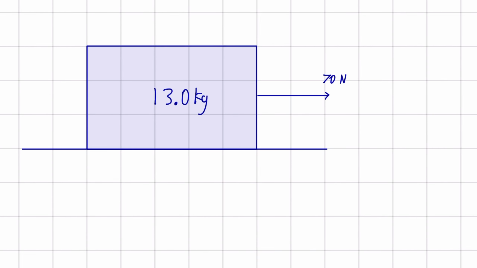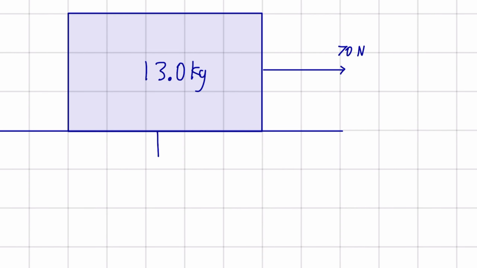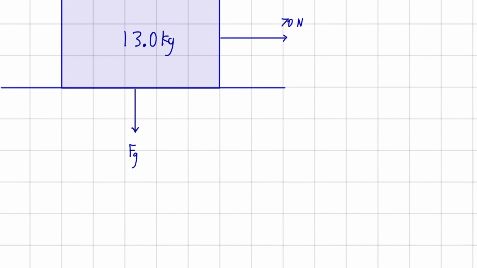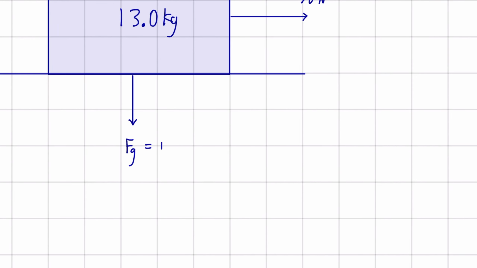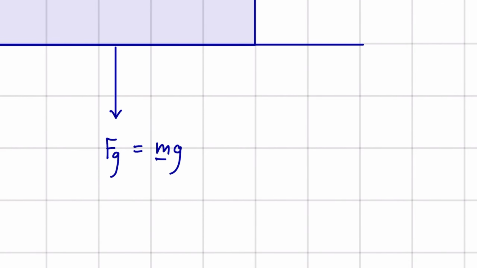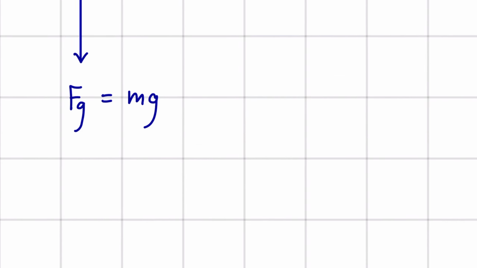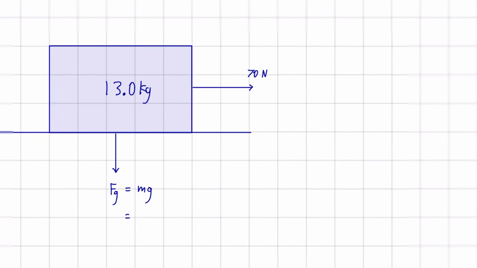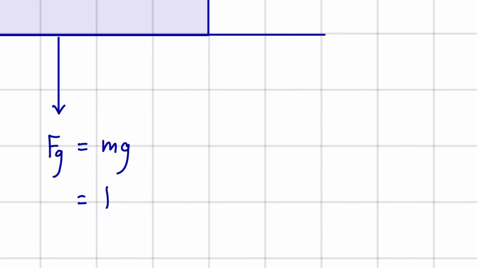And then the next force that we know is that there's going to be a gravitational force. It's called Fg. And we have a formula to calculate Fg, that is m times g. So mass of the object, times gravitational constant. So we just have to plug in some values here. So the mass is 13.0 kilograms.